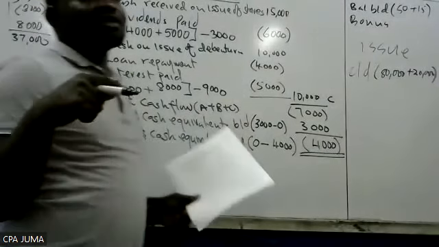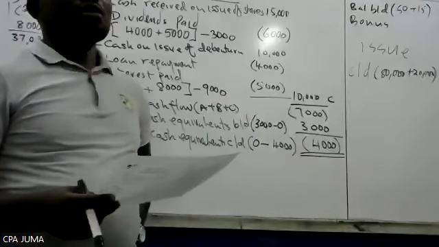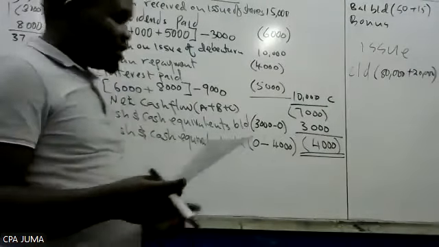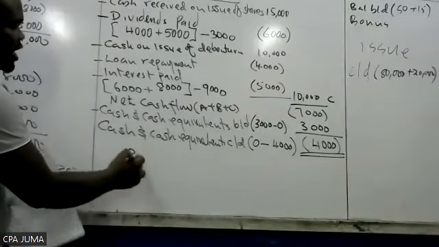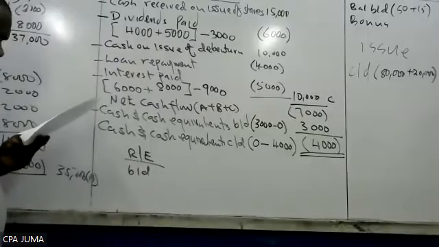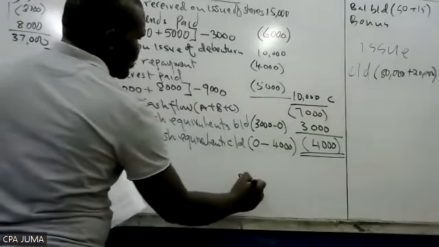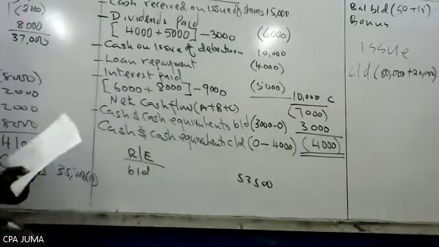Check retained earnings under equity. You start with the retained earnings brought down, 53,500, less expenses.